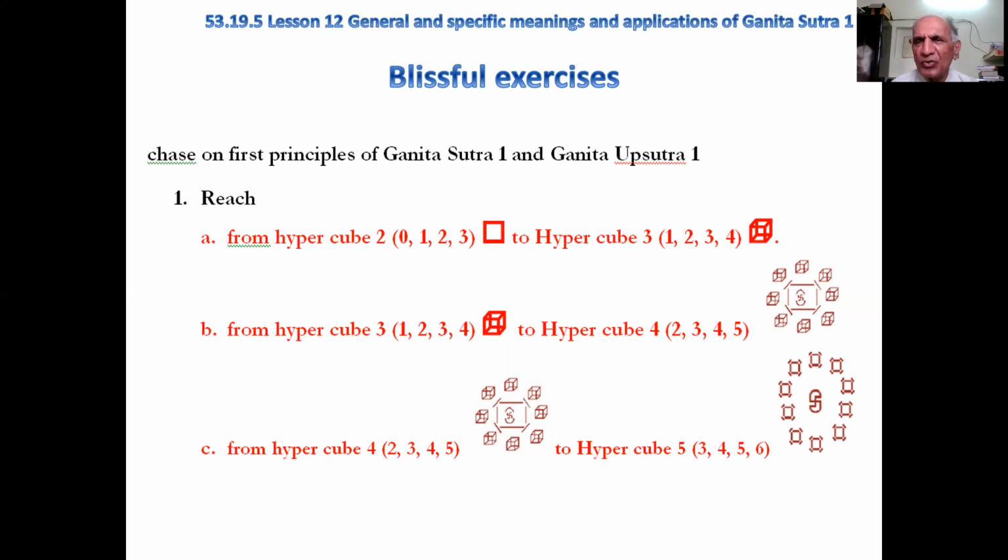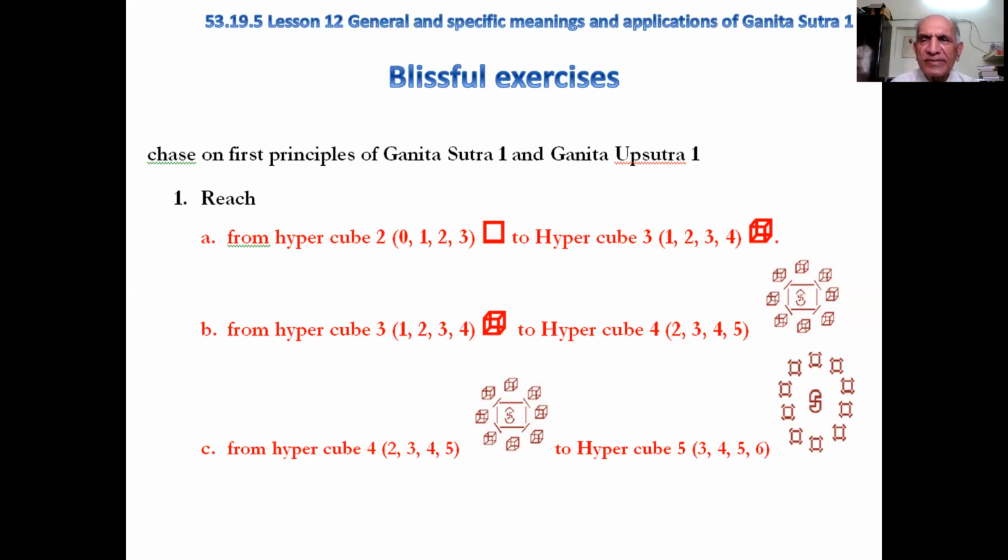So in continuity, as these blissful exercises, we shall reach from hypercube 2 as quadruple values 0, 1, 2, 3, that is square, to hypercube 3 as quadruple values 1, 2, 3, 4, that is cube.